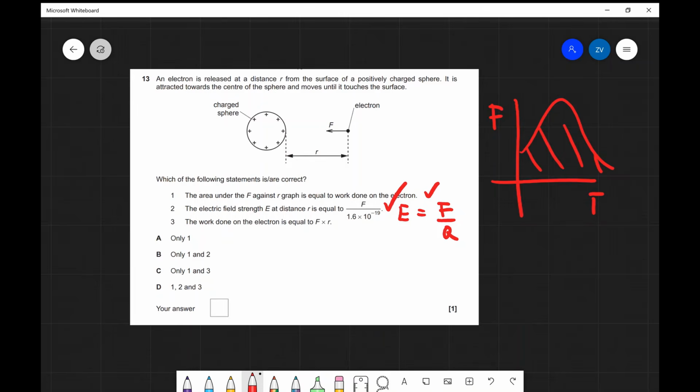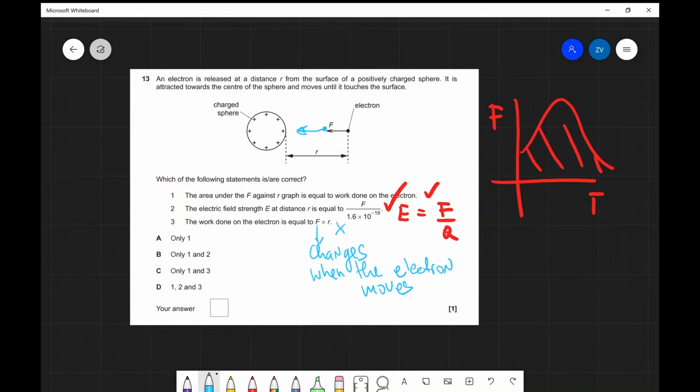The reason why 3 is not correct is because this force changes. It's not a constant force. It changes when the electron moves. As the electron comes closer, the magnitude of the force will increase quite substantially.